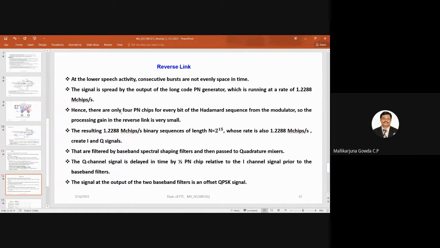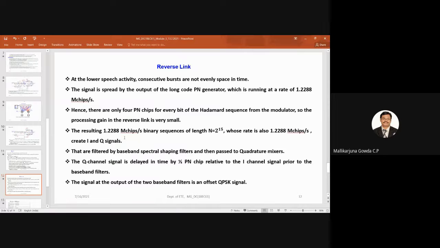There are only 4 PN chips for every bit of the Hadamard sequence from the modulator, so the processing gain in the reverse link will be small. The resulting binary sequence of length 2 to the power 15 has a rate of 1.2288 megachips per second, and is used to create the I and Q signals.